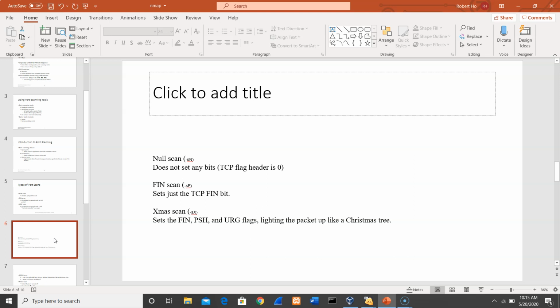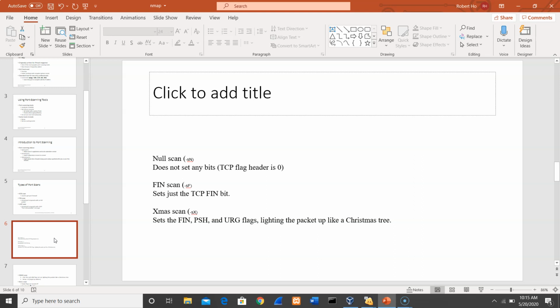The other one is called the Christmas scan. The option is -sX, uppercase X. It sets the FIN, PSH and URG flags, like lighting the packets up like a Christmas tree.